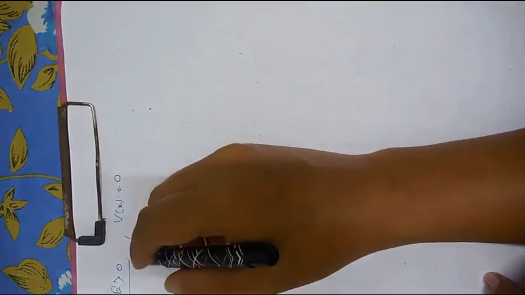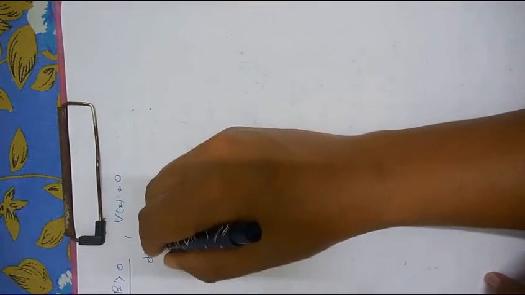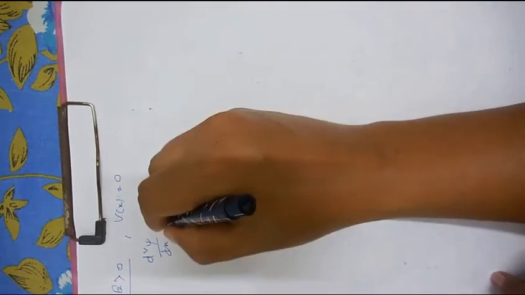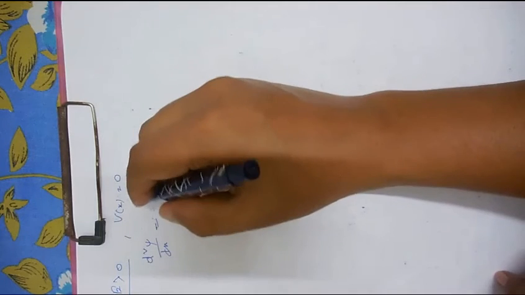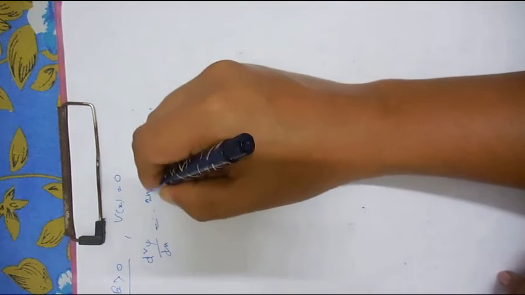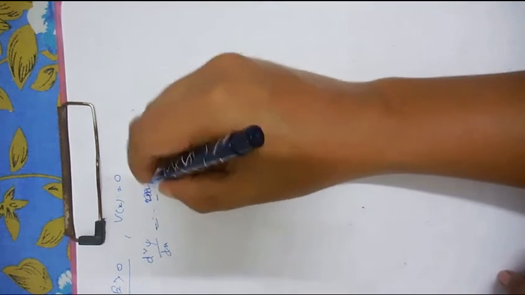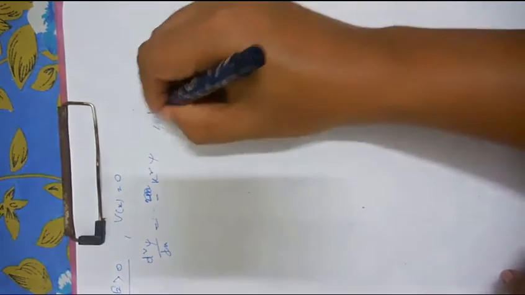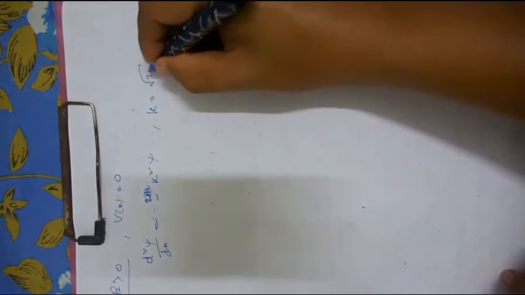So solving the equation, easily you can form, let me write, d square psi dx square equals minus k square psi, where k you are defining as root 2mE by h cart.